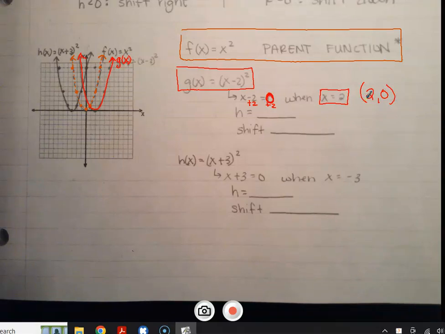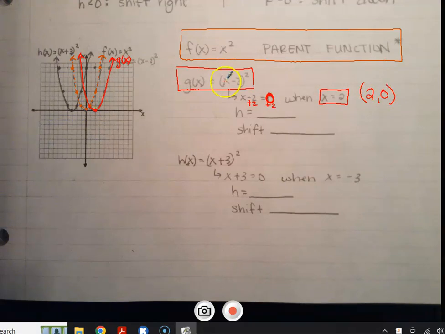Okay, that is going to help me with identifying the h. My h is my horizontal shift. So this just kind of helps me know where this point is, right? This vertex is h, 0.